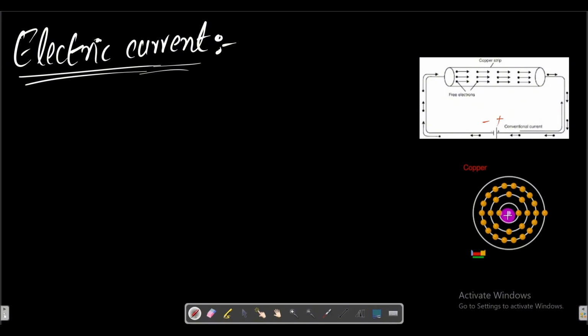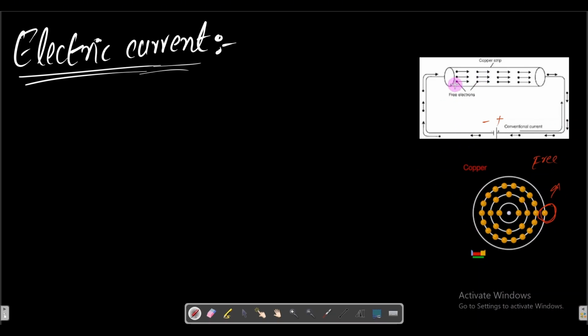That positive charge will attract the electrons, because electrons have negative charge, and that electrostatic force decreases when the distance between these two charges increases. So the electrostatic force on this last electron will be less, because it is present far away from the nucleus. In this case, the last electron is considered to be a free electron, because it is free at room temperature due to this weak electrostatic force.